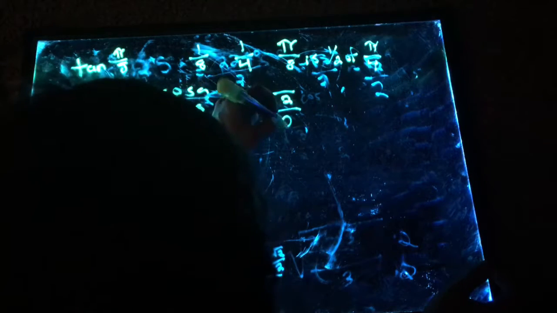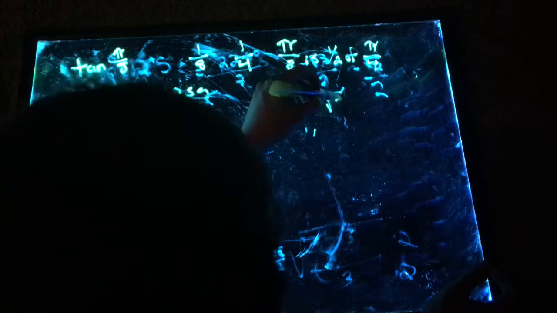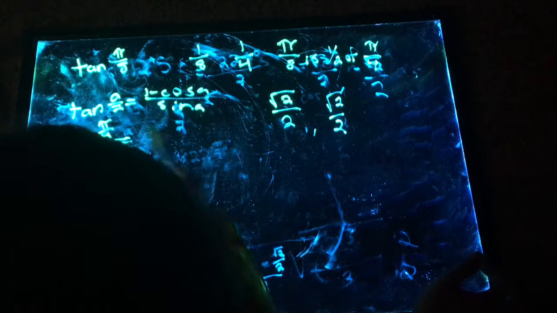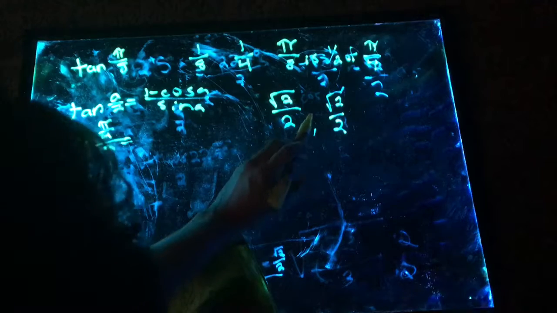Actually, we need to figure out where pi over 4 lies on the unit circle, and it just happens to lie at the square root of 2 over 2 and the square root of 2 over 2. It's at 45 degrees, and so that's where it lies, in quadrant 1.